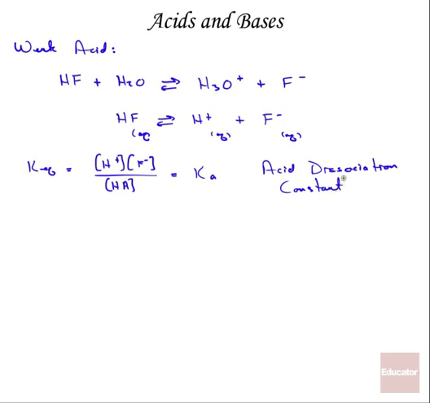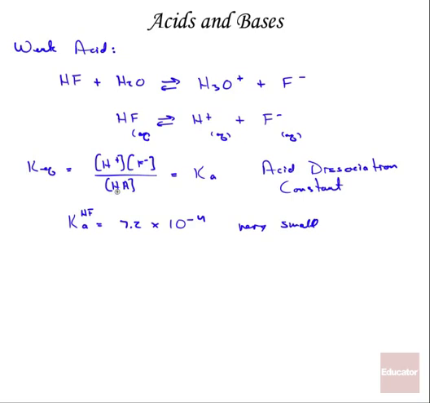Hydrofluoric acid, phosphoric acid, nitrous acid, whatever it is. In this particular case, the Ka for hydrofluoric acid happens to be 7.2 times 10 to the negative 4. Okay, this is very small. That means that this is a tiny number and this is a big number.